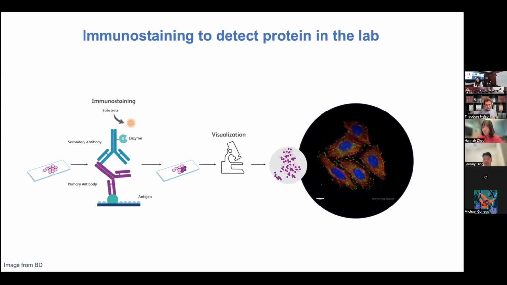The very backbone of the technology is also a very common molecular biology technology that we have in our lab, immunostaining, immunofluorescence. I'm sure a lot of you already know how this works. You basically have tissues and cells, and each cell has its own antigen, and you're using antibodies to detect these specific antigens.